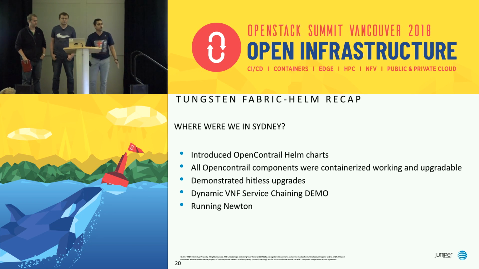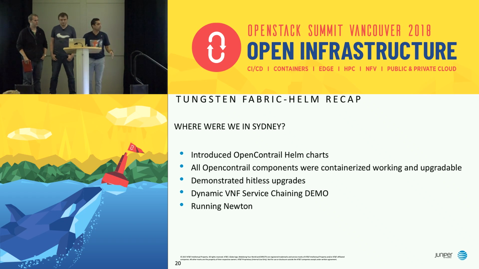We demoed how you could use an integrated OpenStack-Helm with Tungsten Fabric-Helm to do some dynamic VNF service chaining. And at that point, we were working with the OpenStack-Helm community to support Newton as the OpenStack version. But from Sydney to here, Vancouver, quite a few things have changed.